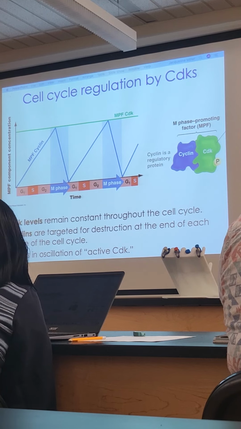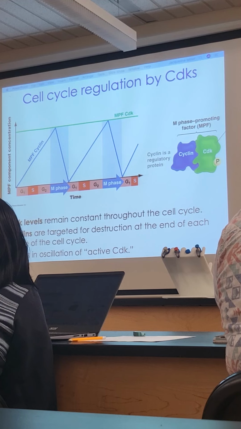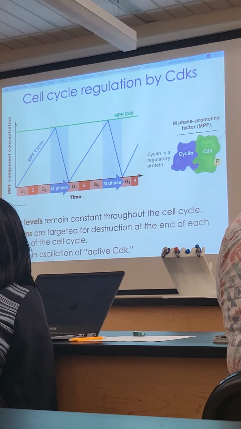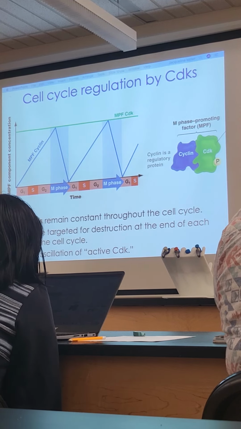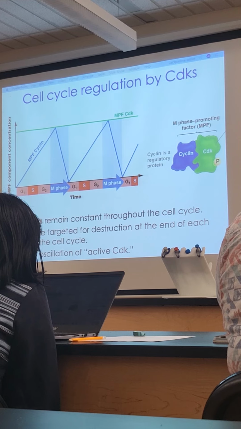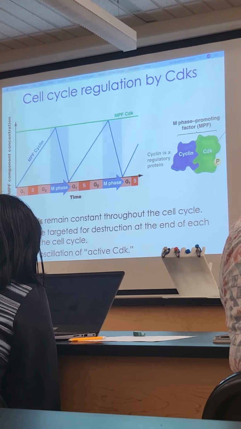We haven't talked about ubiquitin, but ubiquitin, I'll write that word, is a tag that gets put onto proteins that causes them to be degraded. So this is like a garbage tag, a degradation tag.